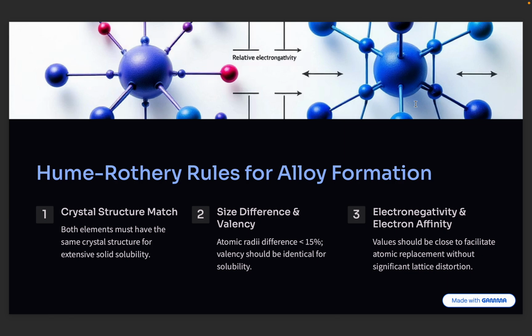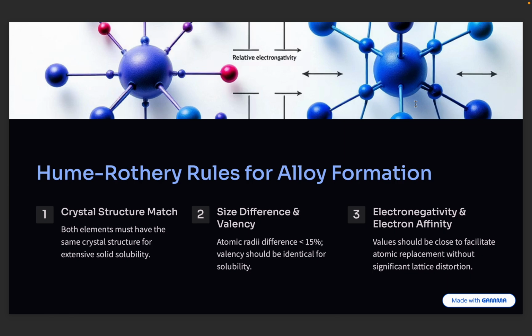The second one is size difference and valency. The atomic radii difference should be less than 15%, and valency should be identical for solubility. The third one is electronegativity and electron affinity.